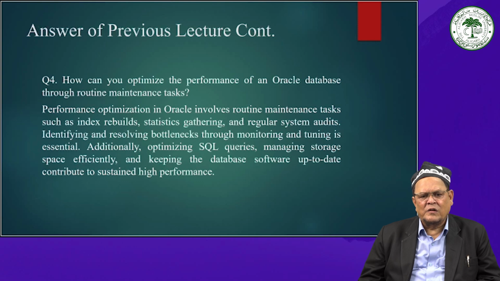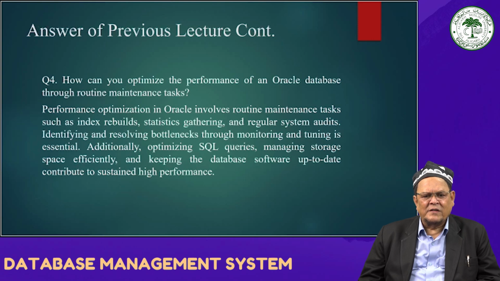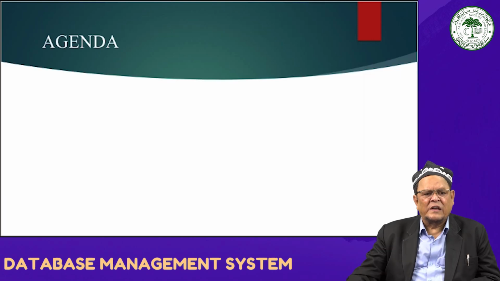Identifying and resolving bottlenecks through monitoring and tuning is essential. Additionally, optimizing SQL queries, managing storage space efficiently, and keeping the database software up to date contribute to sustaining high performance.